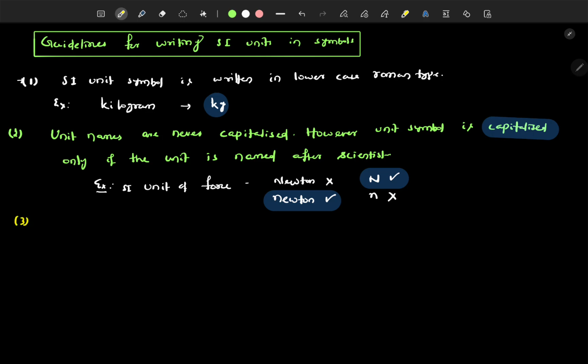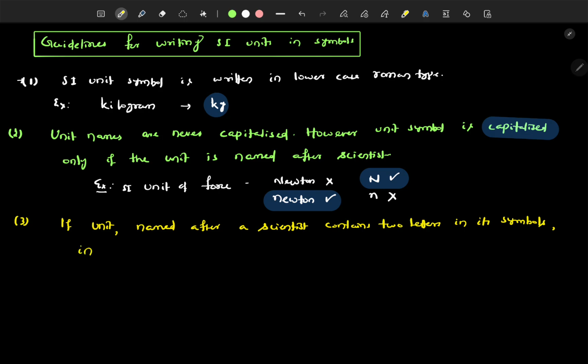Then the third point, which is one of the interesting points: if a unit named after a scientist contains two letters in its symbol, then the initial letter of the symbol is capital.